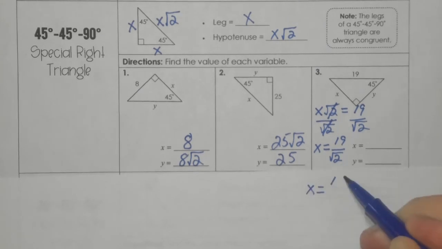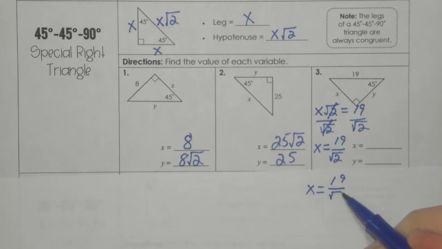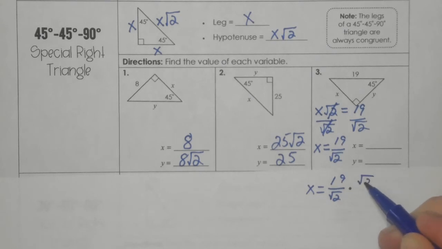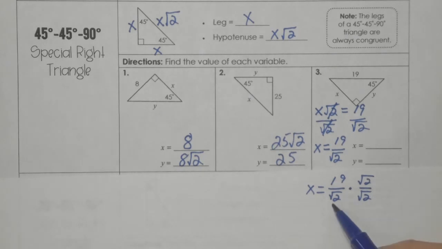We said if we take whatever that radical is and multiply that fraction by 1, but using this number, so square root of 2 over square root of 2, which is 1, we know that when you square a square root, so the square root of 2 times the square root of 2, that's just going to be 2.